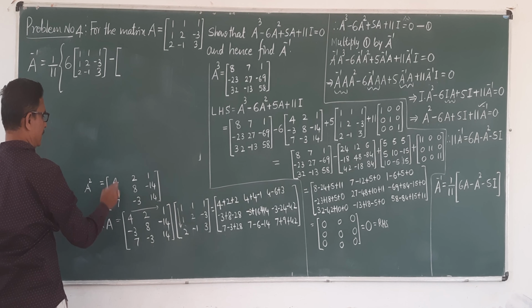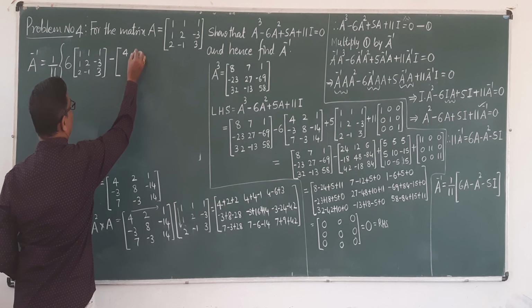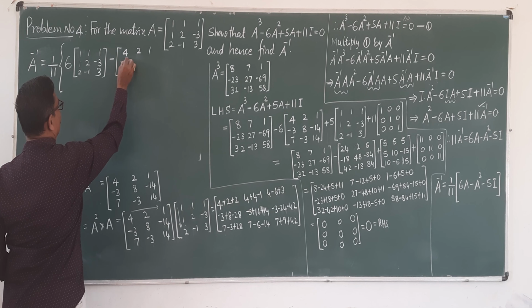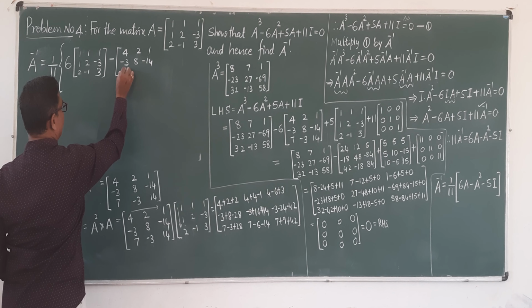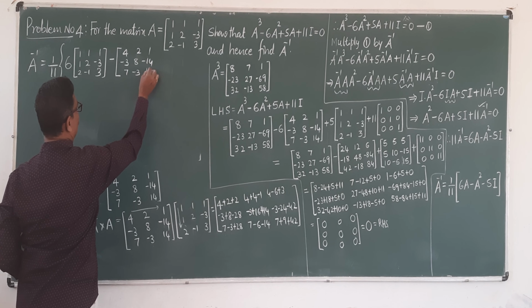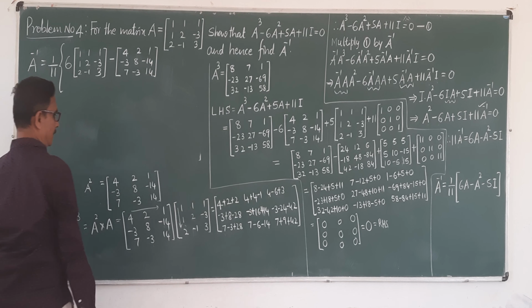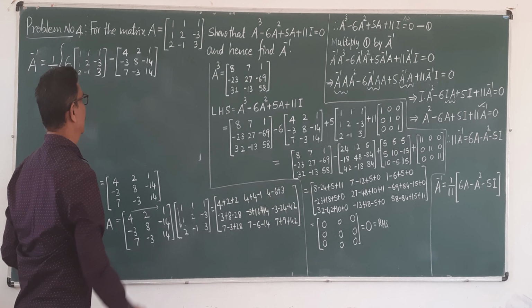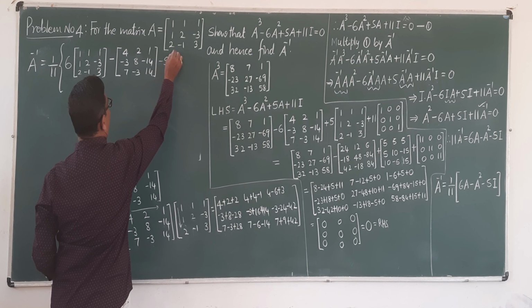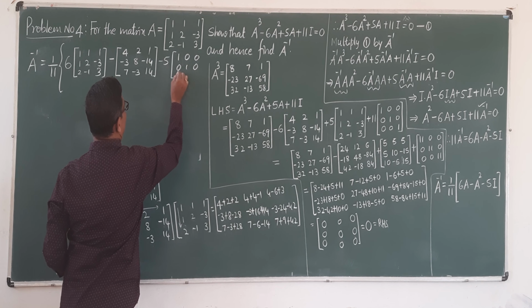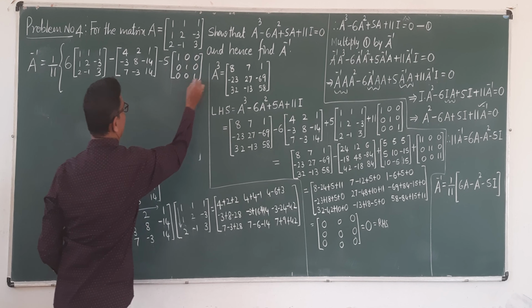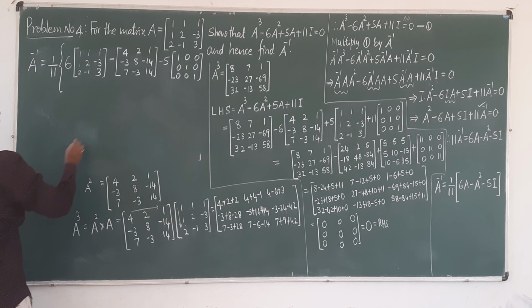The A square matrix is 4, 2, 1, minus 3, 8, minus 14, 7, minus 3, 14. Minus 5I. I is the identity matrix: 1, 0, 0, 0, 1, 0, 0, 0, 1. Simplify.